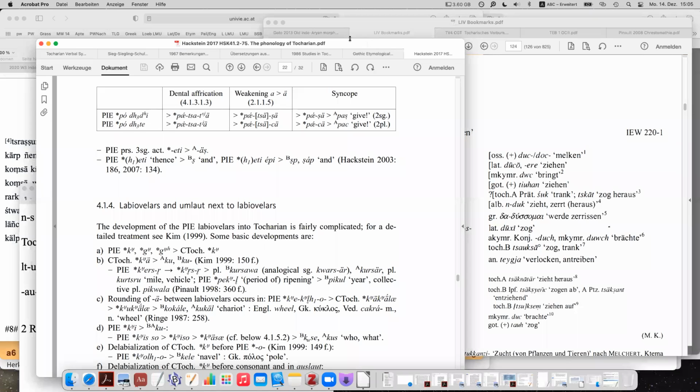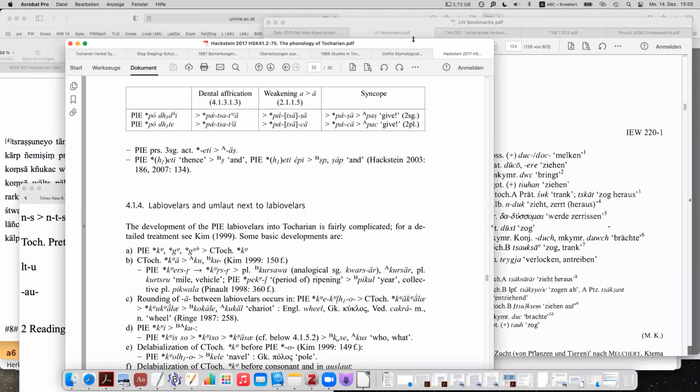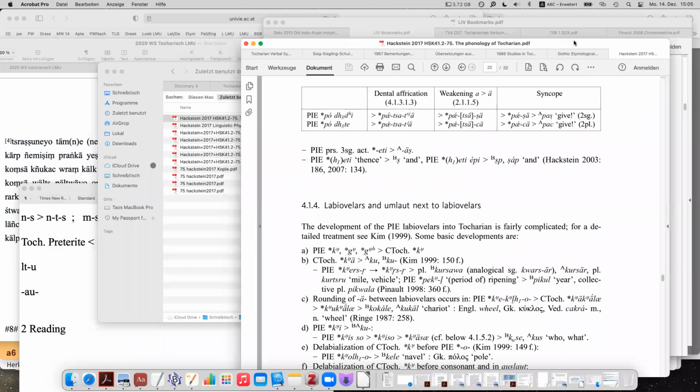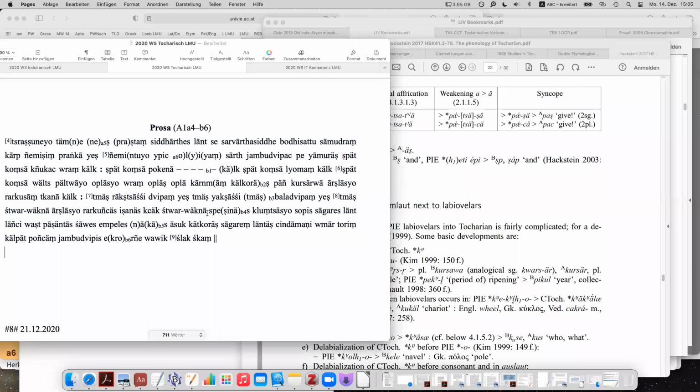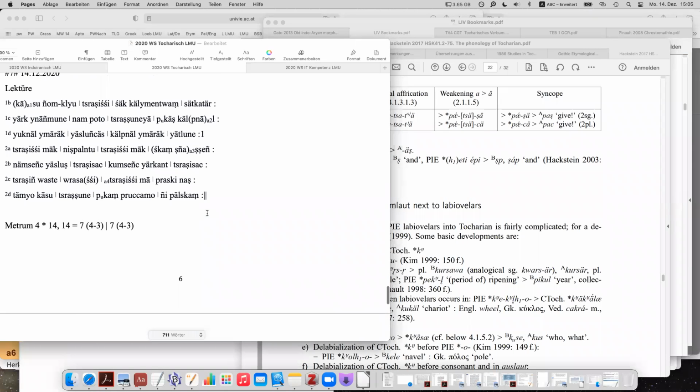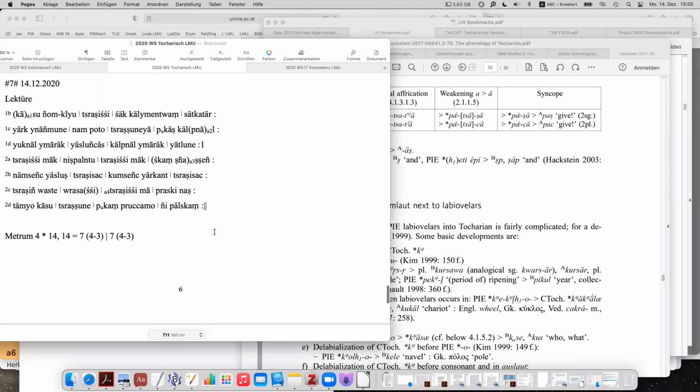This is actually a 3-volume handbook for historical Indo-European linguistics, containing all the Indo-European language families. But some of the papers here are not really clear or not really reliable, I would say. Okay, so this is for the grammar, and let's move on to the reading.